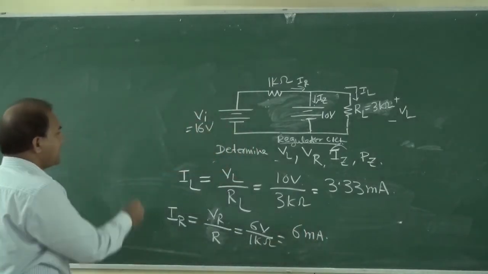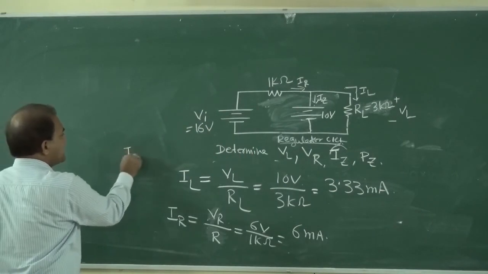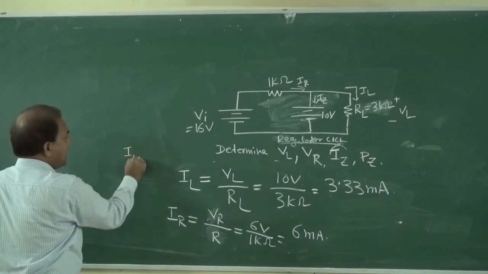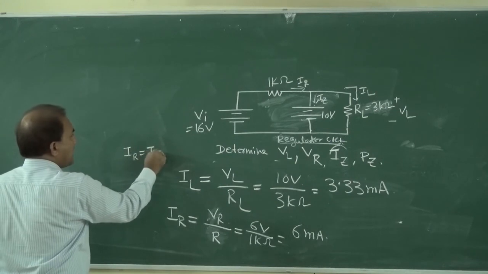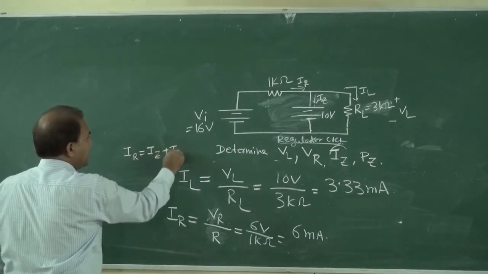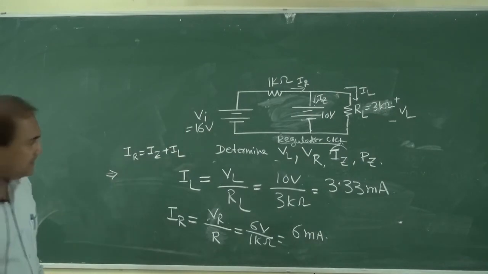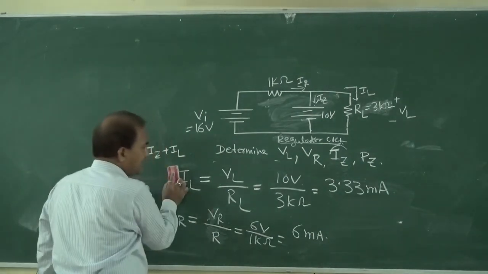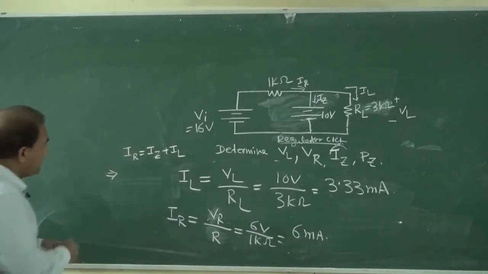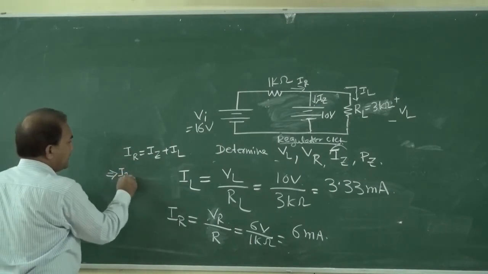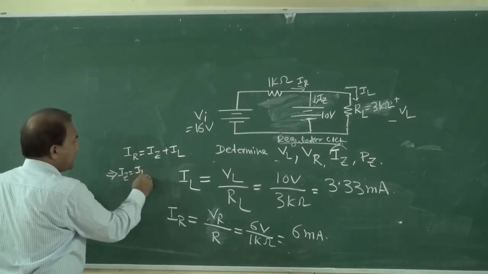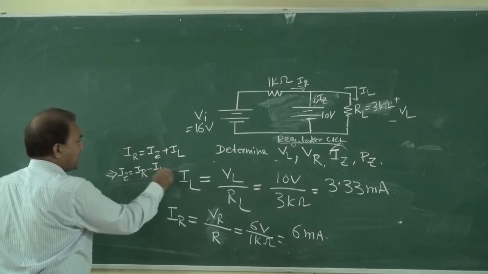So how can we determine Iz? IR is equal to Iz plus IL. So from this equation we can determine Iz is equal to IR minus IL.